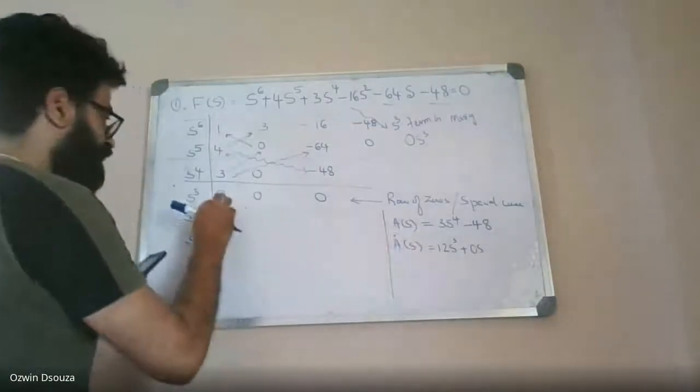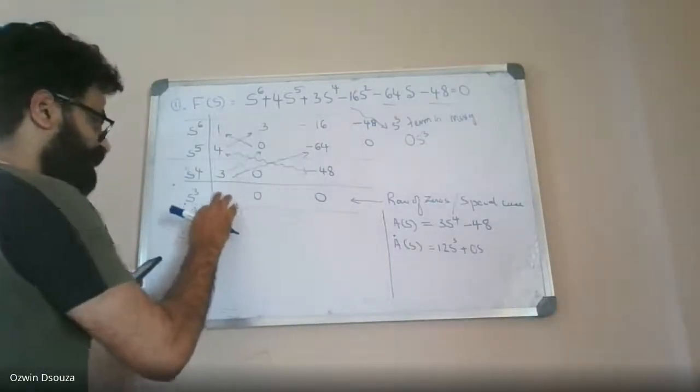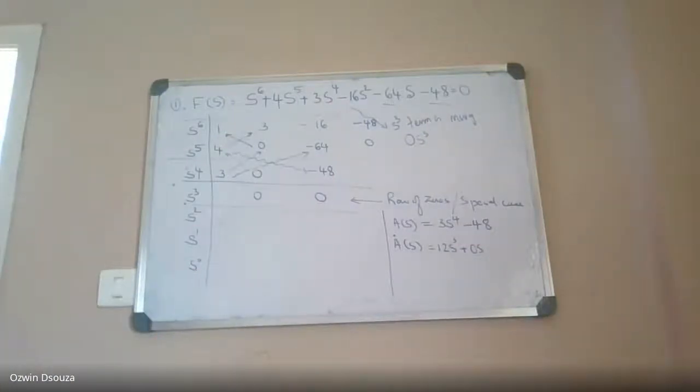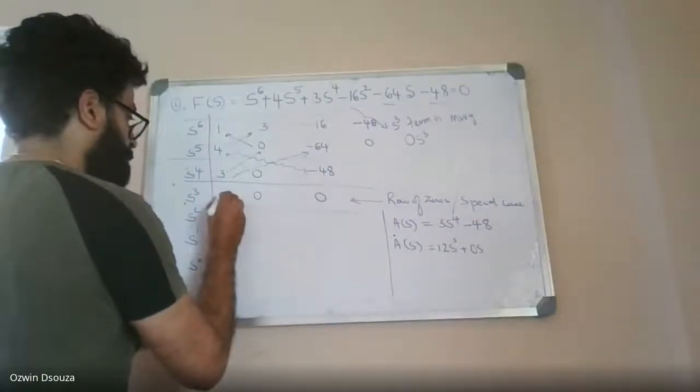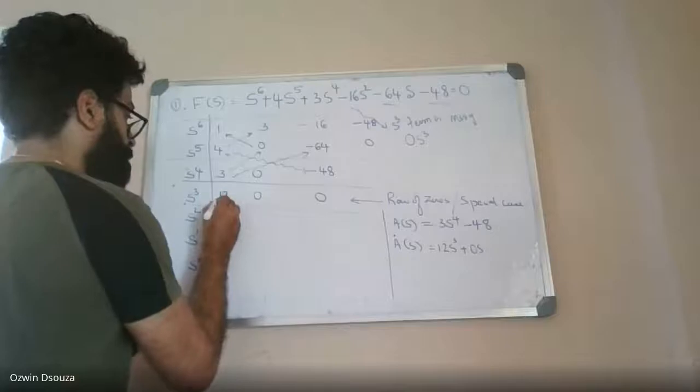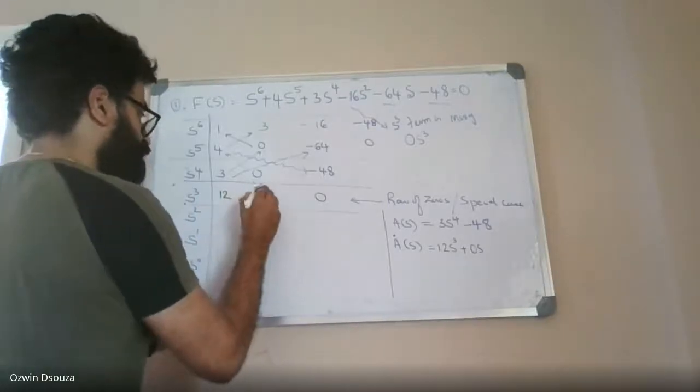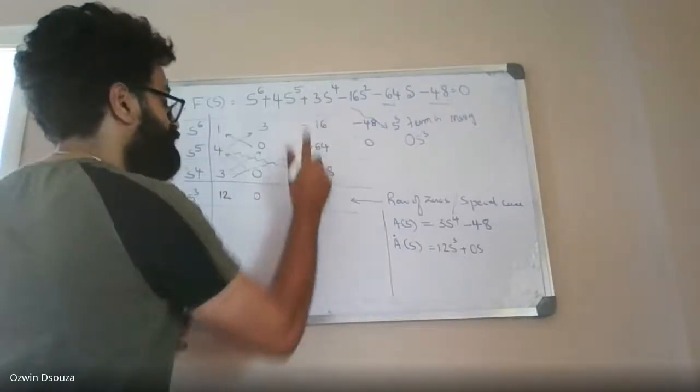So what do we have? In place of 0, now you can substitute. I will write it in a different color. And then 0, and then 0.